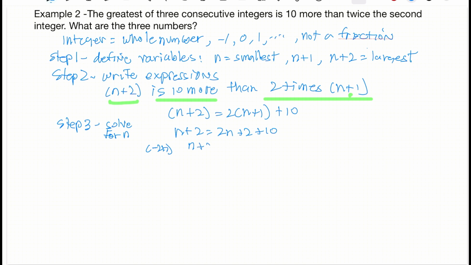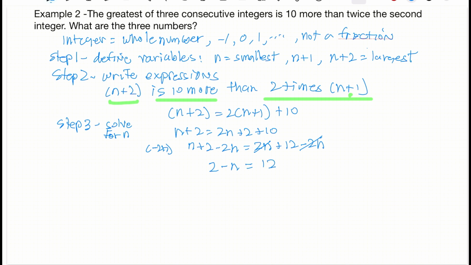n plus 2 minus 2n is equal to 2n plus 12 minus 2n. I just added the 2 and the 10 together. These go away. So on the left-hand side, we're going to be left with 2 minus n is equal to 12.